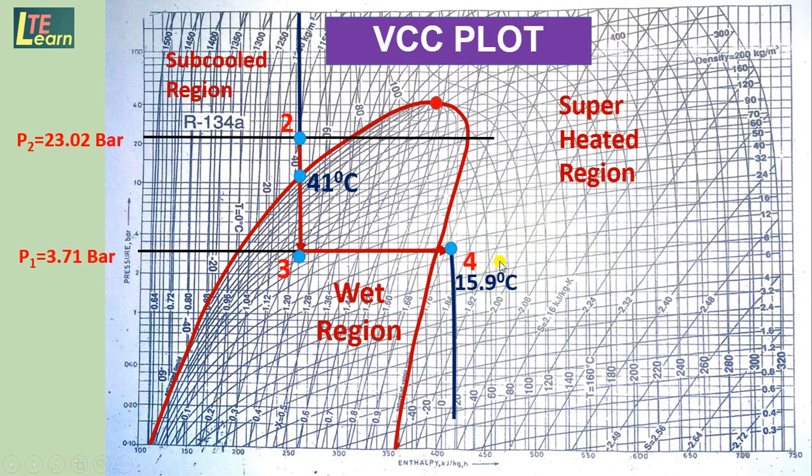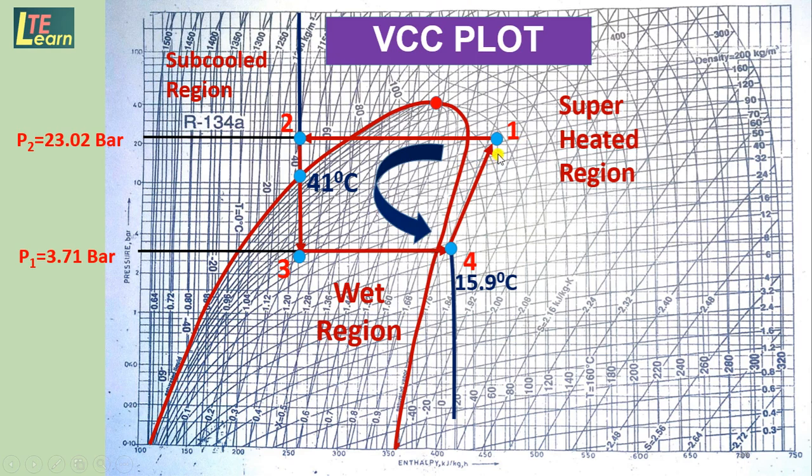This is point number 4, that is entry to the compressor. From this point number 4 we draw the line which is parallel to these constant entropy lines. This line will meet the discharge pressure line, that is horizontal line, and here we find this point. That point is point number 1, that is exit point of the compressor. In this way we get plot of this vapor compression cycle.